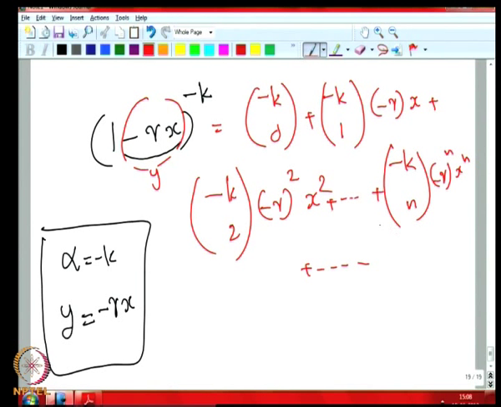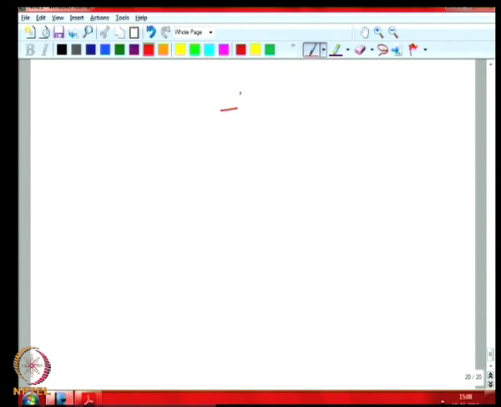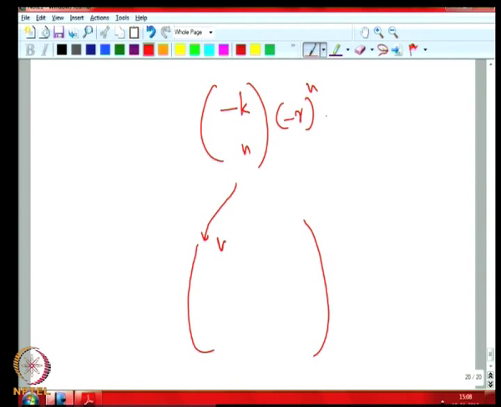And what is this? We can simplify this general term a little bit. Minus k choose n into minus r raised to n is already simple, but what we can do is convert it to a more familiar form.